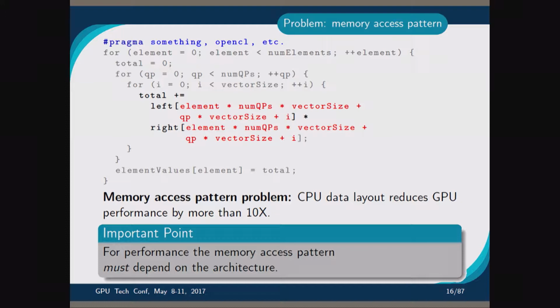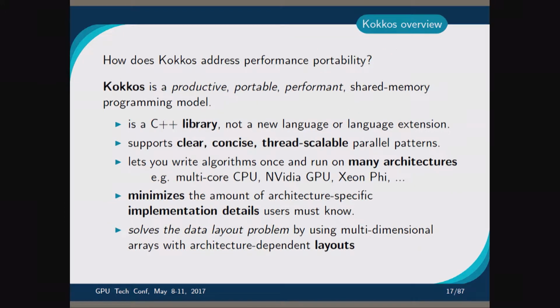But the GPU doesn't do that, and so it has a completely different memory access pattern. This is where you've probably seen or heard about array of structures to structure of arrays transformations, and people having to go back and rewrite their codes. It's a royal pain.